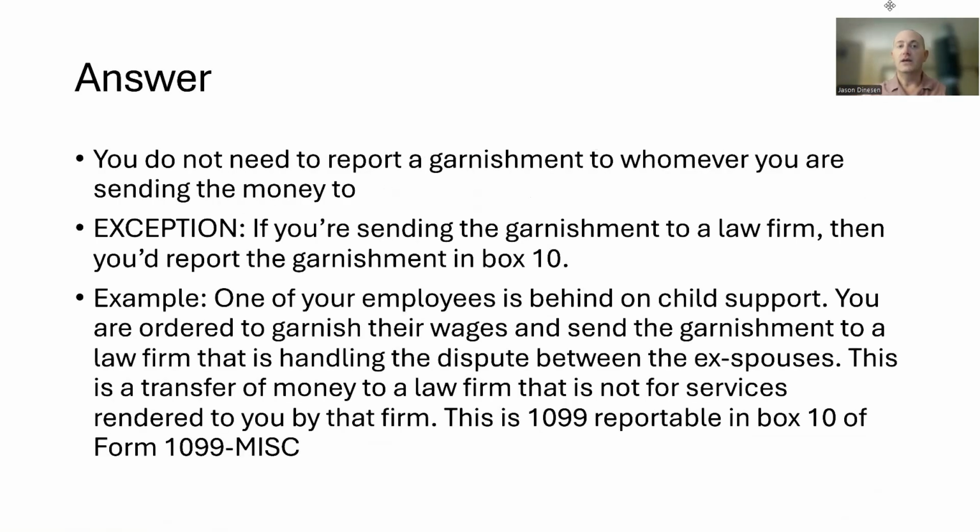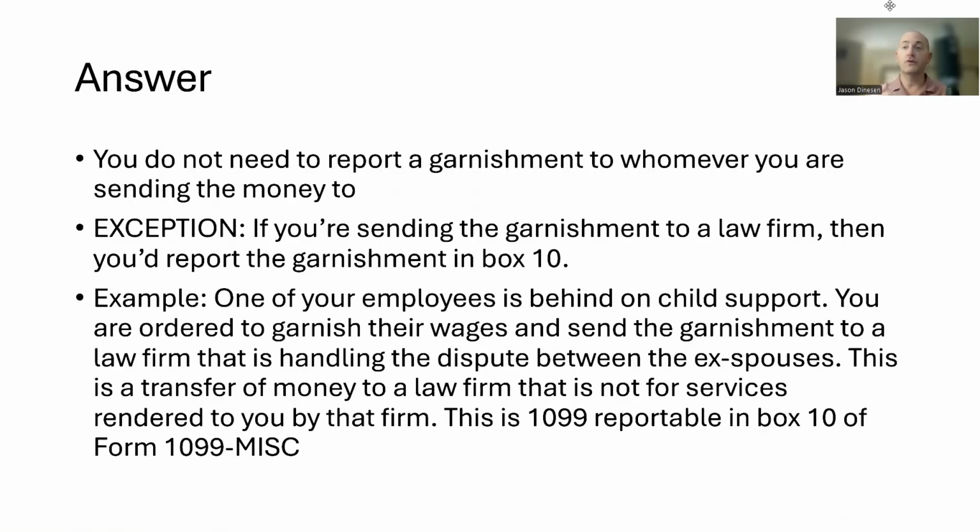Unless it is an attorney or a law firm that you're sending the garnishment to, then it would be box 10 of 1099 miscellaneous. So, for example, let's say one of your employees is behind on child support and you're ordered to garnish their wages and send the garnishment to a law firm that's handling the dispute between the ex-spouses.